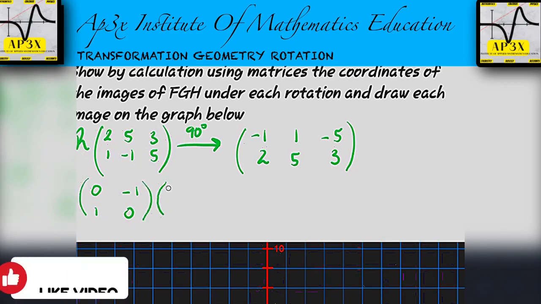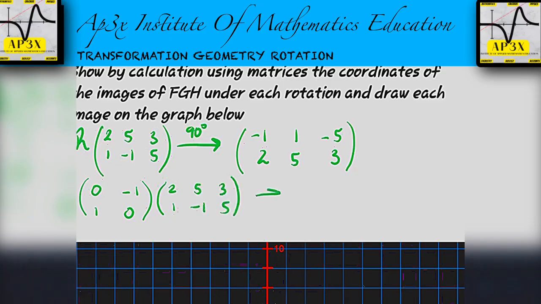You should multiply it by 2, 1, 5, negative 1, 3, 5, going row by column, on the assumption that you know how to multiply matrices. Row by column will produce the same answer here: minus 1, 2, 1, 5, negative 5, 3. We can check it.